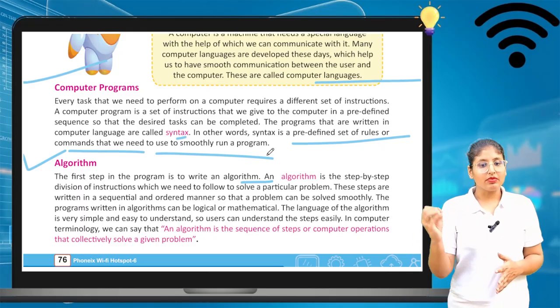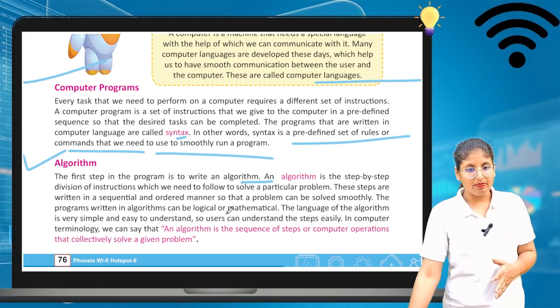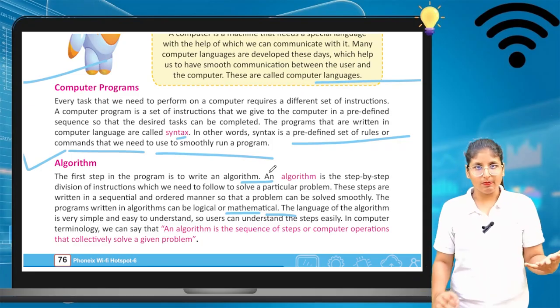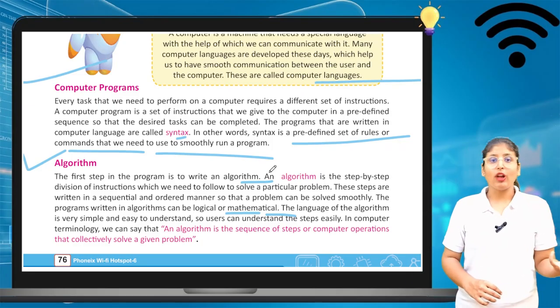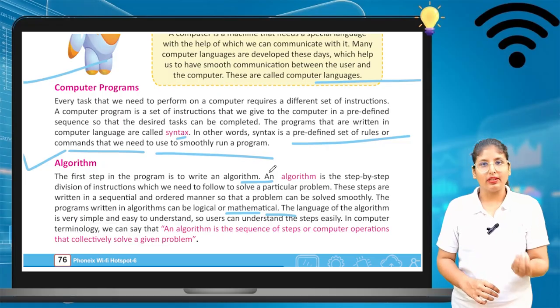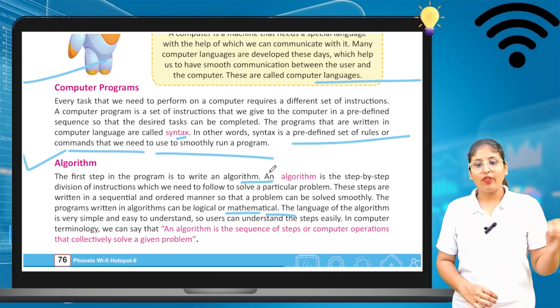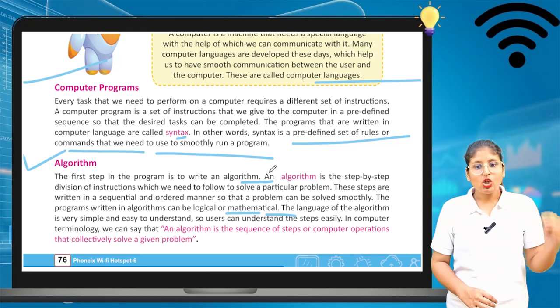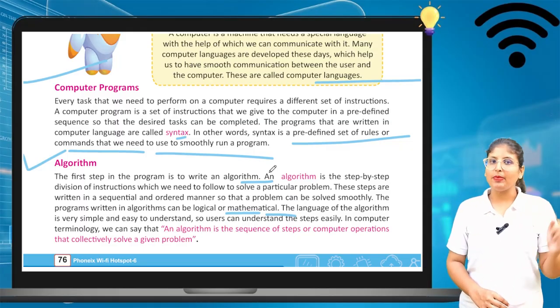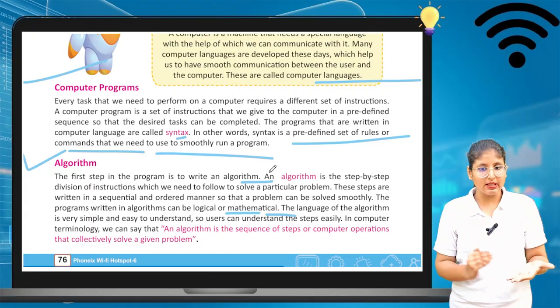The problem written in an algorithm should be logical and mathematical. The language of an algorithm is very simple and easy to understand, so the user can understand the steps easily.